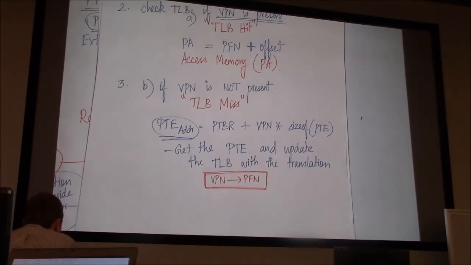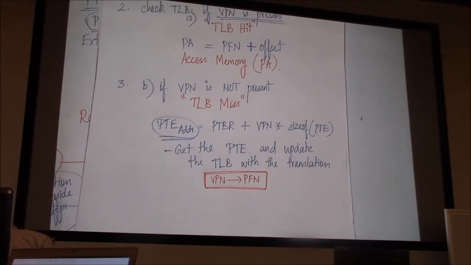No. So that's a very good question. The question is, can a particular page table entry have a valid bit of 0 in the TLB, but 1 in the actual page table? Yes, it is possible. In this case, it just means that that particular page table entry is not found in the TLB, but it is found in the page table, and that virtual page is a valid virtual page.